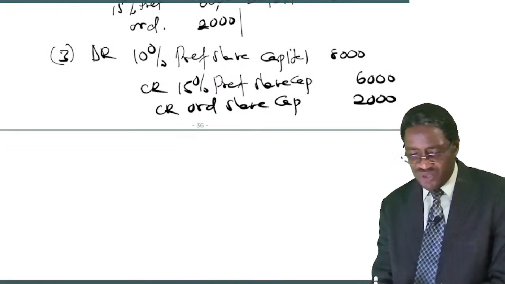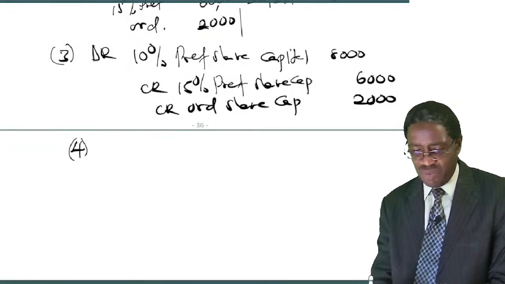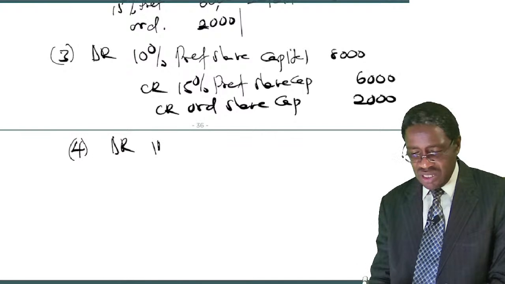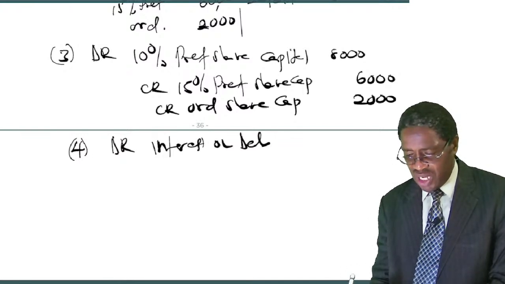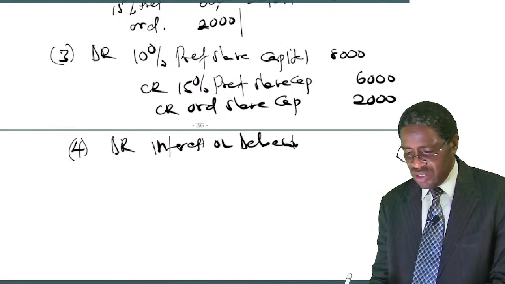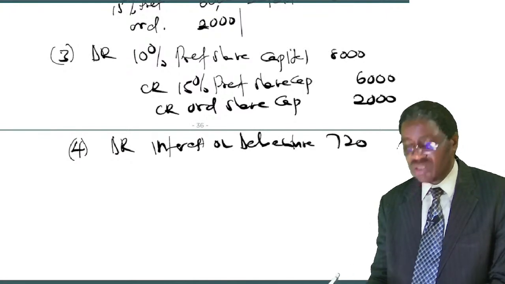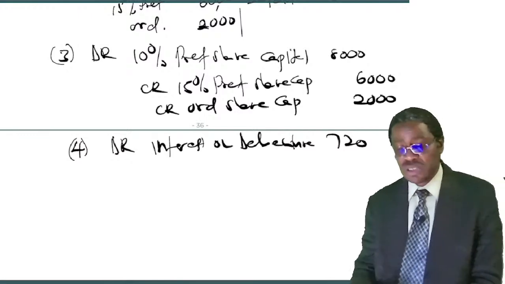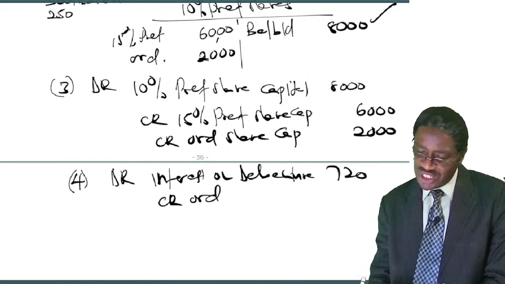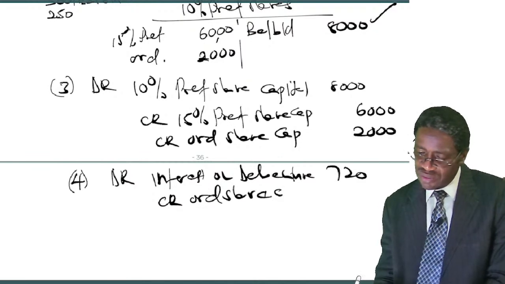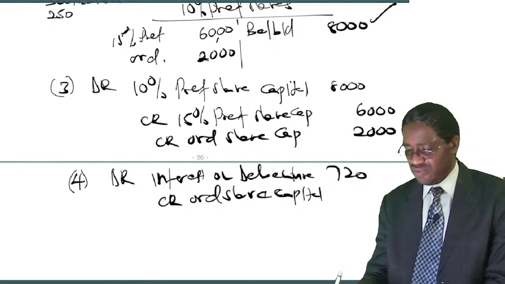So in terms of journals, let's put it down. Number 4, we are debiting interest on debentures account by that 720. Remember, we are settling it, and we credit ordinary share capital by 500.